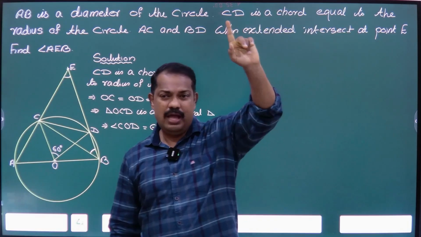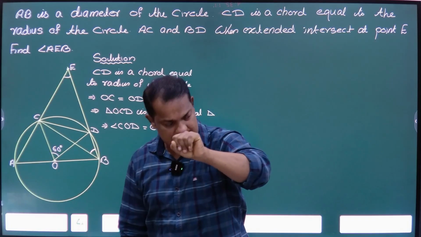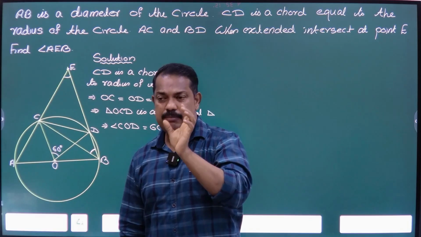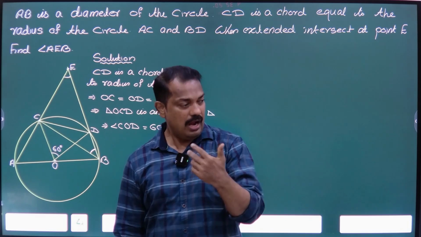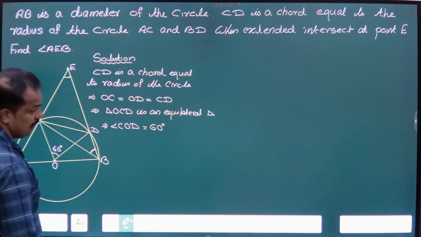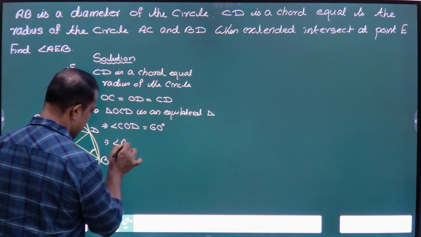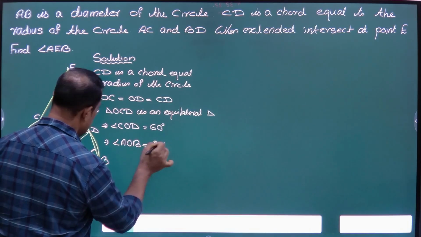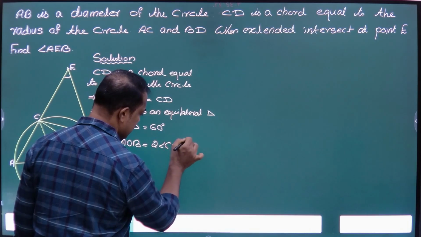Which theorem? Angle subtended by an arc at the center is double the angle subtended by the arc at any point on the circle outside the arc. So we can apply the theorem. Implies angle AOB equal to 2 angle CBD.